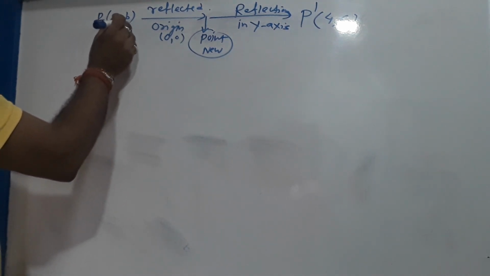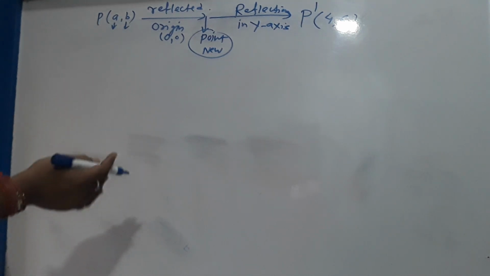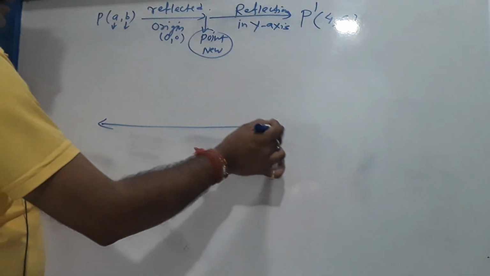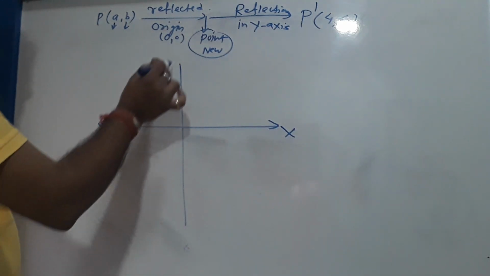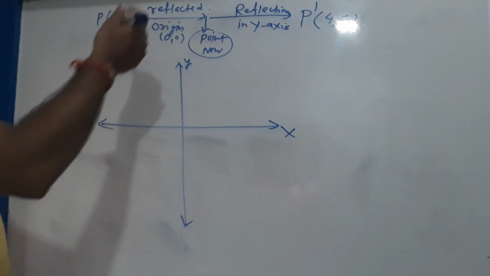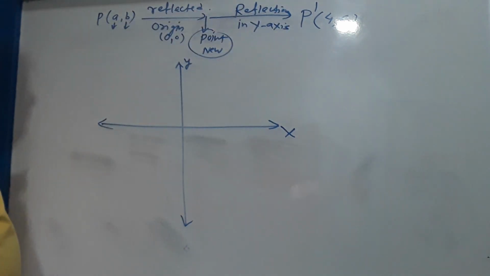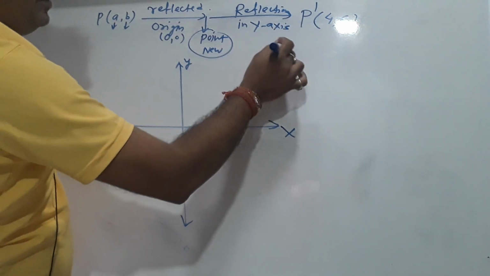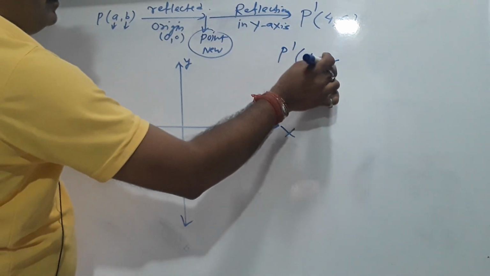You have to find the a value and b value. The a value and b value are not given. So we draw our coordinate axes, x, y. What is the last point? The final reflection point P dash is 4 and 6.